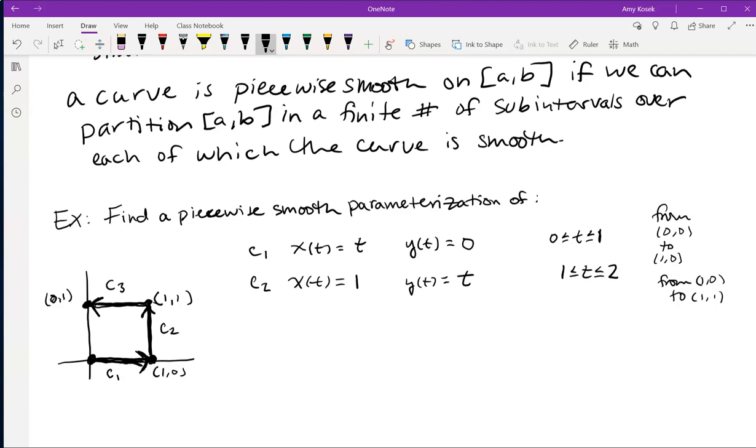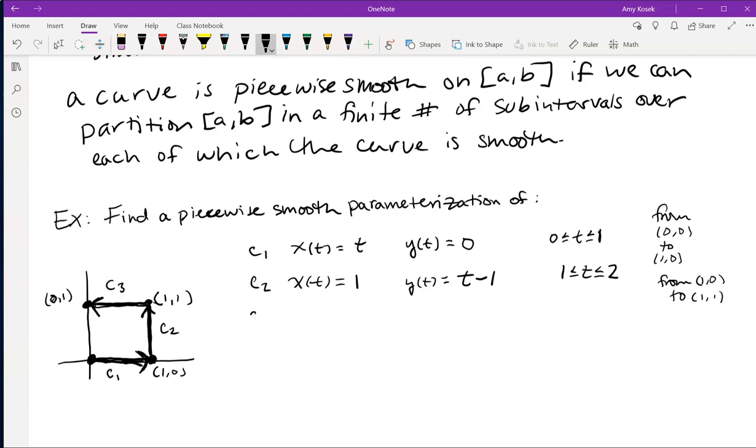So when t is 1, we need it to start at 0. And then when t is 2, we need it to go up to 1. So if we take those values and subtract 1 from them, well, 1 minus 1 will start at 0, and 2 minus 1 will end at 1. So we can still use a parameterization that's linear in nature, but just shift that y-coordinate.